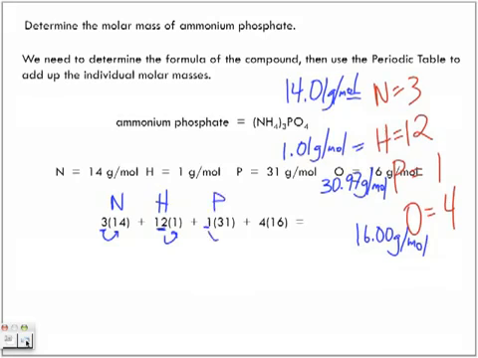According to our pyramid, what are we trying to find? The mass. So we cover up the mass in our pyramid. What function are we doing between molar mass and moles? We're multiplying 82.04 grams per mole times 2.35 moles.